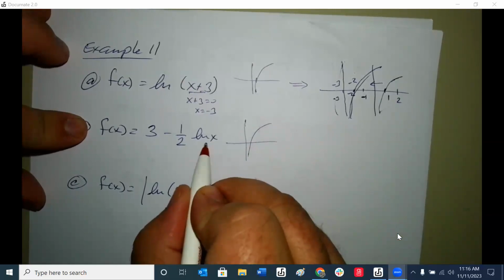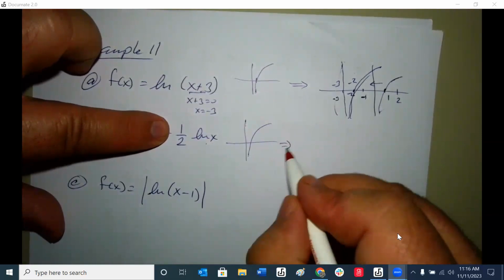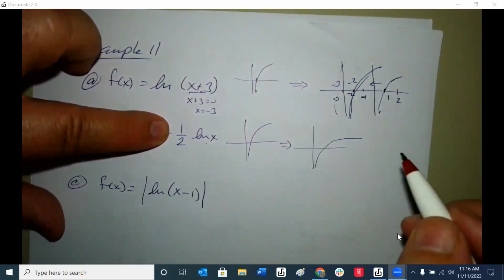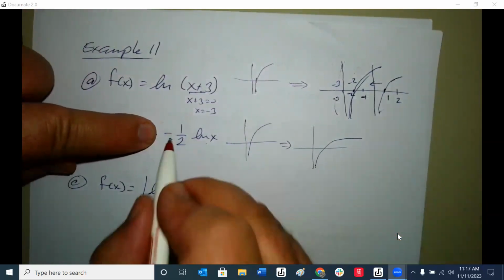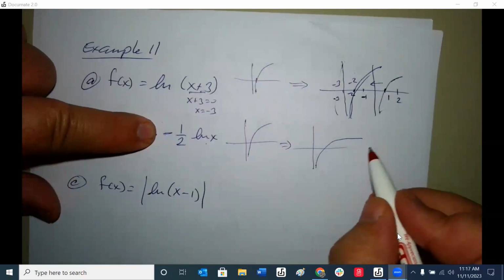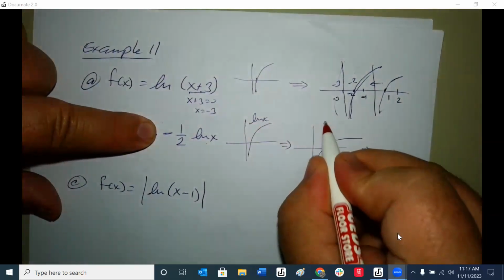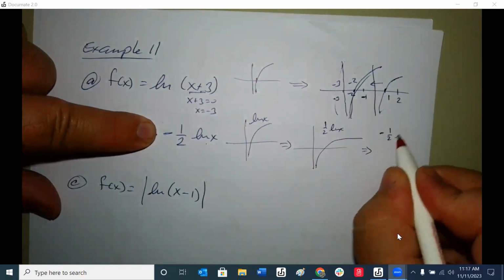There's ln x. The 1/2 makes it grow a lot slower. Since it's outside the function, this is ln x, this is 1/2 ln x. This one's going to be negative 1/2 ln x.